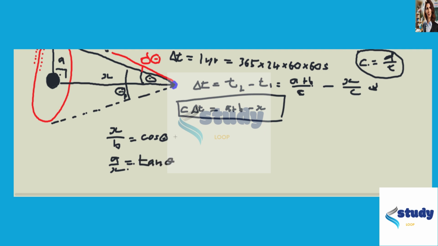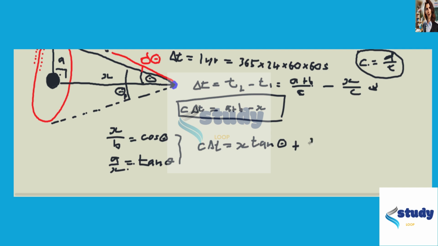Now we're putting these two into this boxed equation to get that c times delta t is equal to, now A is just x times tan theta. So we have x times the tangent of theta. And B is equal to x over cosine theta. I multiplied this equation through by b to get x equals b times cosine theta, and then divided by cosine theta to get b equals x over cosine theta.